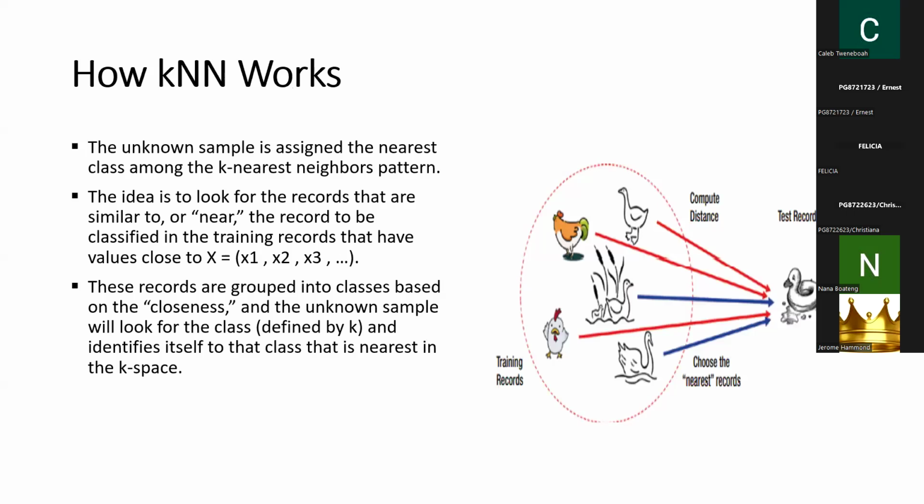Another typical example: within your training records, we have a pig, a fowl, and some ducks. We want to compare them with our test record and do the classification. The idea is to look at records that are similar to or near the record we want to classify.